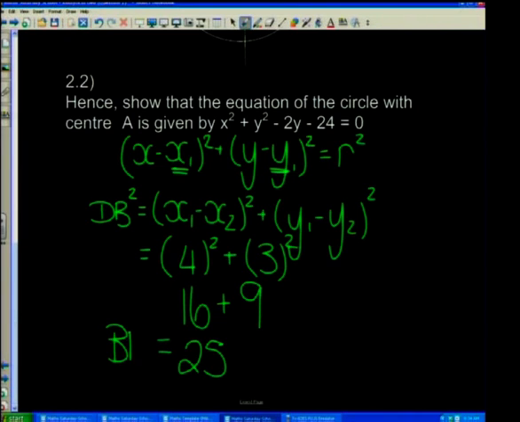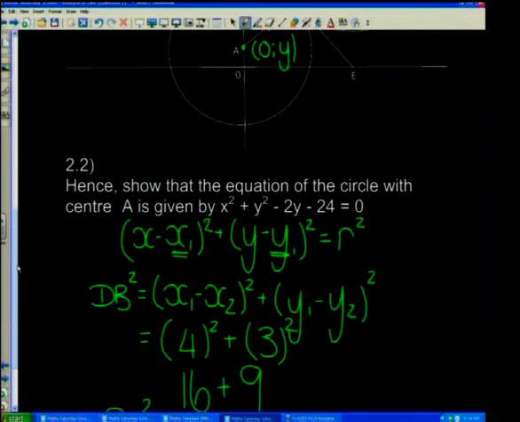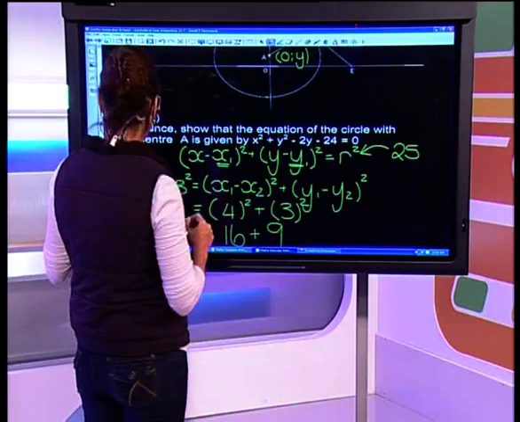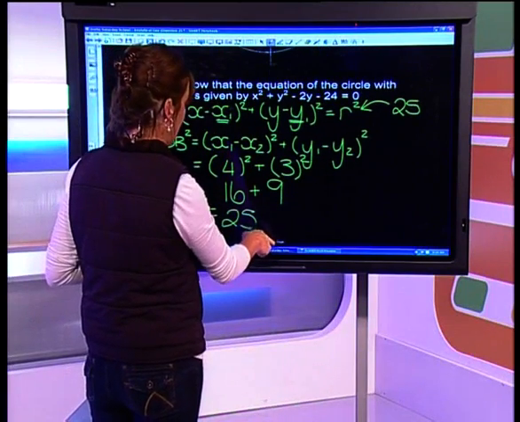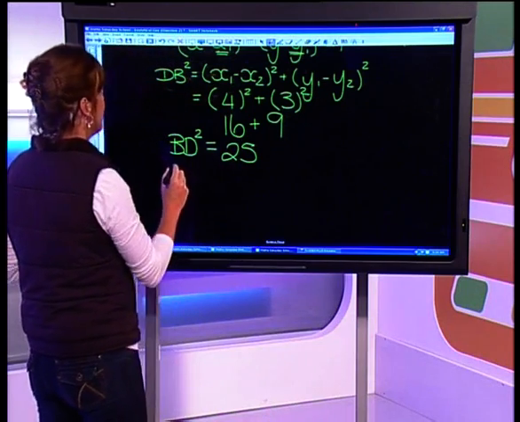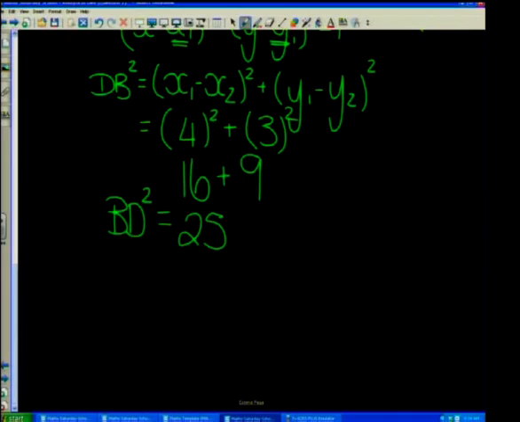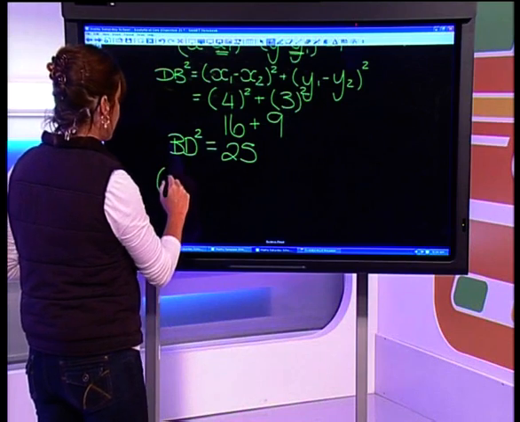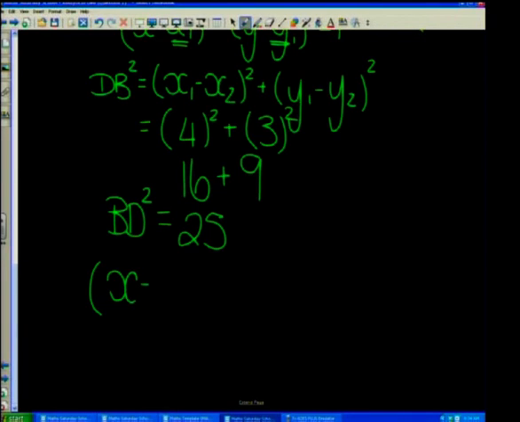That's my dB squared. Okay, so what I know is that this value over here is therefore going to be 25. Okay, so let's now go ahead and sub into our circle formula. To find the equation of the circle with the center A, we're going to say x minus x1.